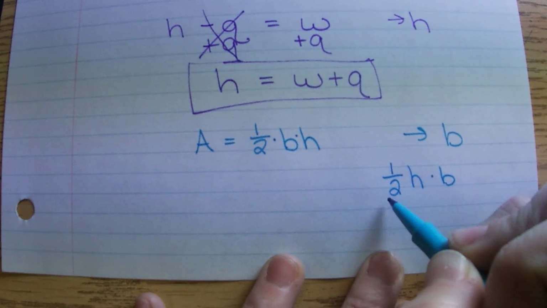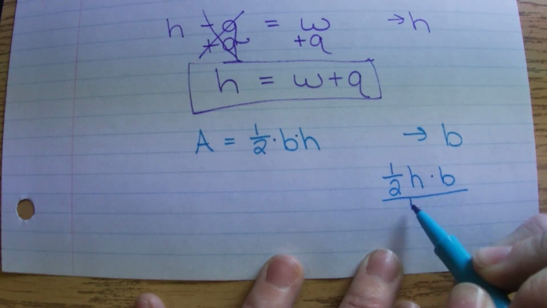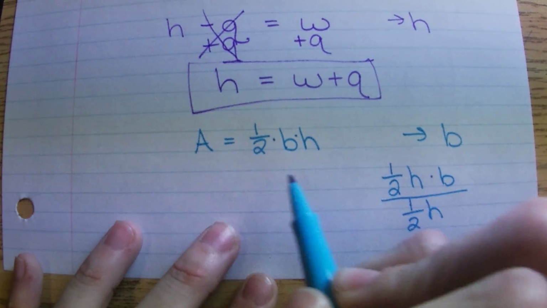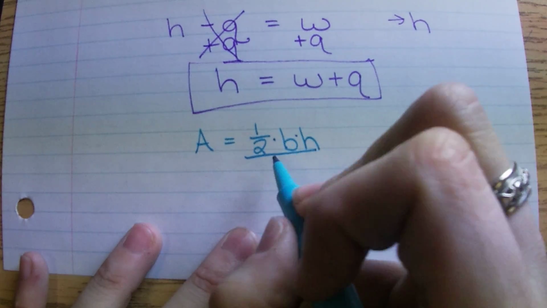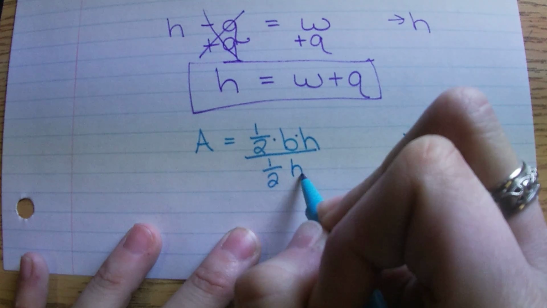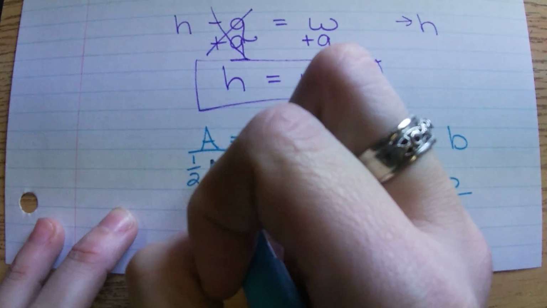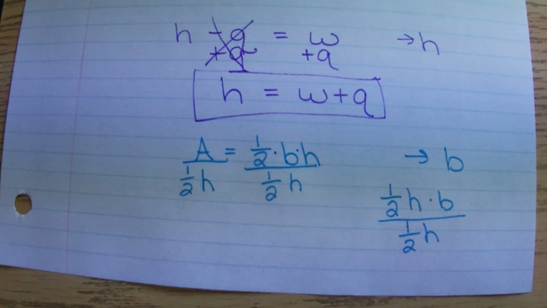And if it was written like this, I think then we would all agree that we could just go ahead and divide by the 1/2 H all in one chunk. So that same thing is going to be fair over here, that we can just divide this entire thing by 1/2 H because we are allowed to change that order with multiplication.